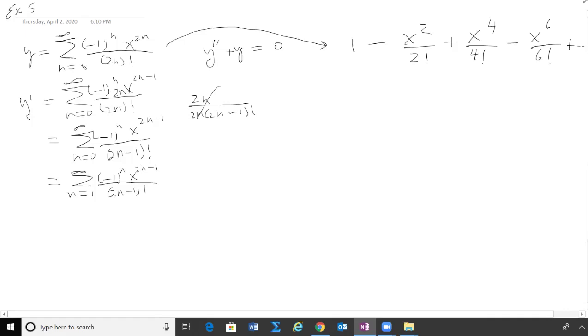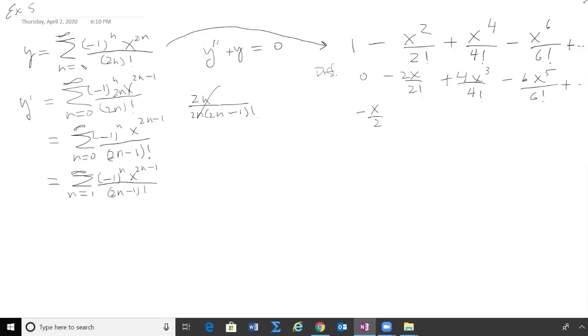So we'll have a 0 here, finding the derivative. Differentiate, we'll have a 0, we'll have a minus 2x over 2 factorial, and plus 4x to the 3rd, and minus 6x to the 5th, etc. Okay, now that's the same as negative x over 2. Whoops, sorry about that. It's not a 2. It's negative x. Next one is x to the 3rd over 3 factorial.